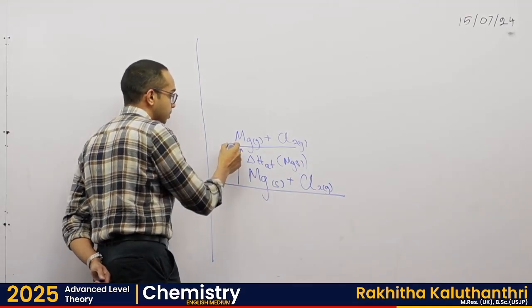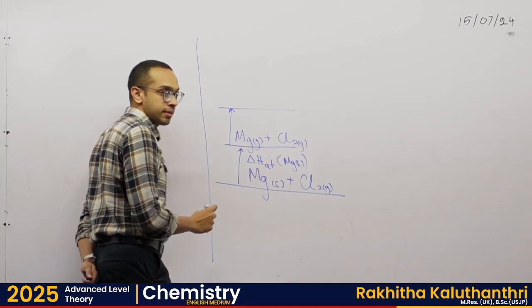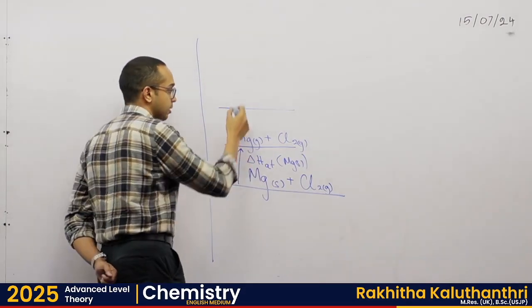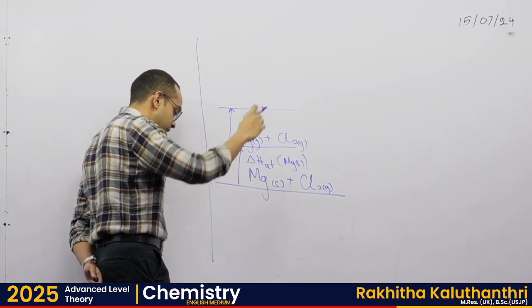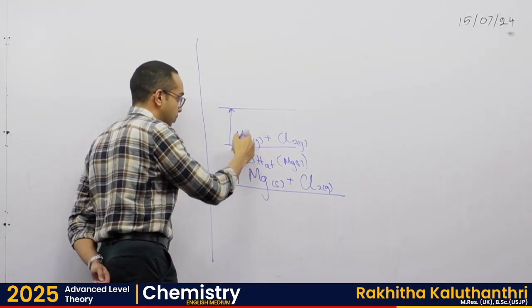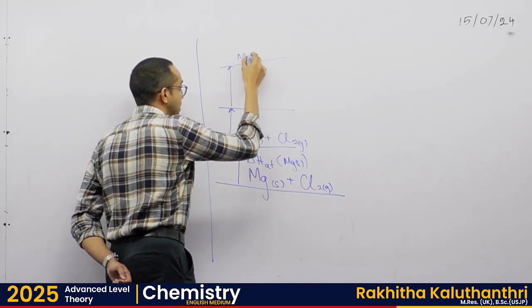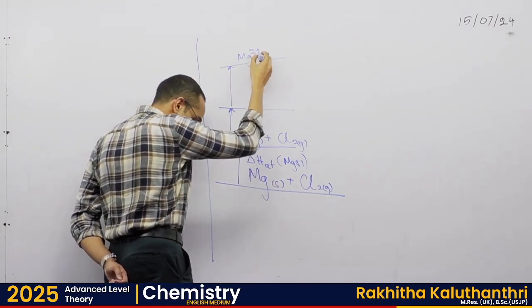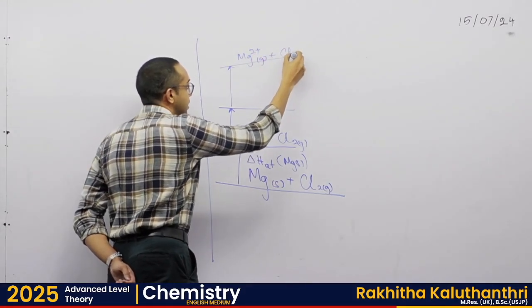And then what did you write here? You can see somewhere up above, now they have 2 empty boxes, this one and this one. And in the 4th one they have written magnesium 2 plus gas and Cl2 gas.